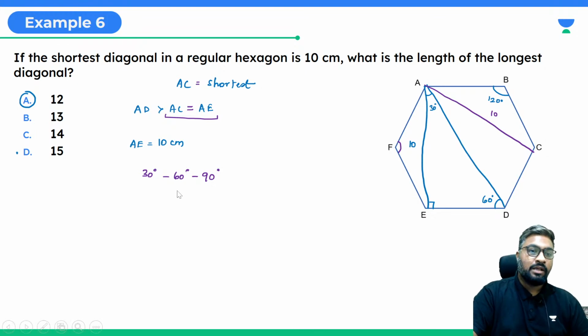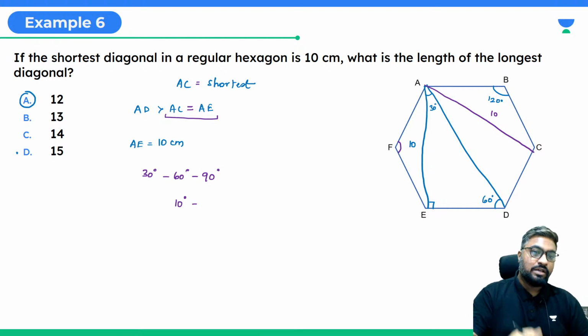Okay. So if you look at AED वाला right triangle देखोगे तो special right triangle है 30, 60, 90. Yes. Opposite to 60 अगर 10 है, then we have to find out what will be the longest, that is opposite to 90 कितना होगा. Does this make sense?